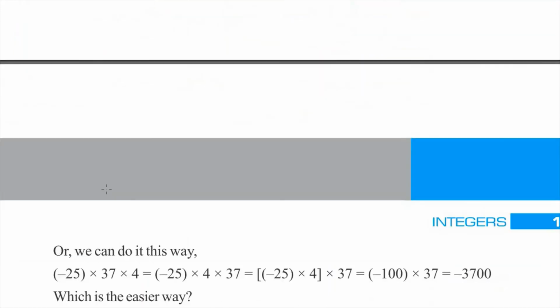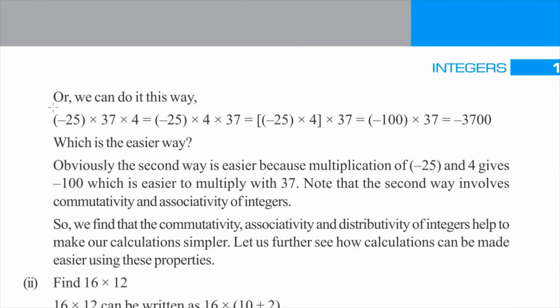However, there's a much easier way to do this, which is that instead of grouping these two together, we can flip the positions of 4 and 37. We can bring the 4 to this side and do the multiplication of minus 25 and 4, then multiply it with 37. Why is it easier this way?